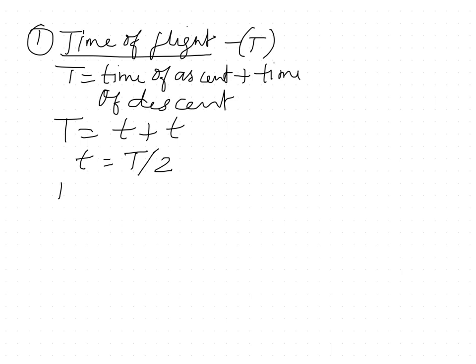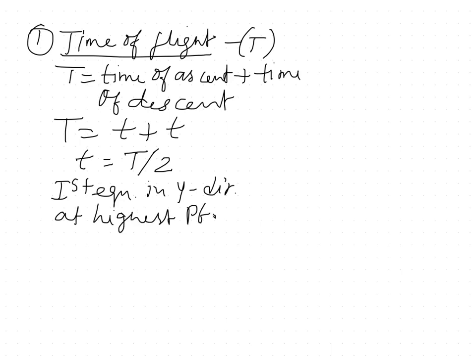So by using the first equation of motion in y direction, at the highest point, where the velocity of the particle in y direction becomes 0, that is vy is equal to 0, uy, the initial velocity in y direction, is u sin theta, and the time taken to reach the highest point is T by 2.